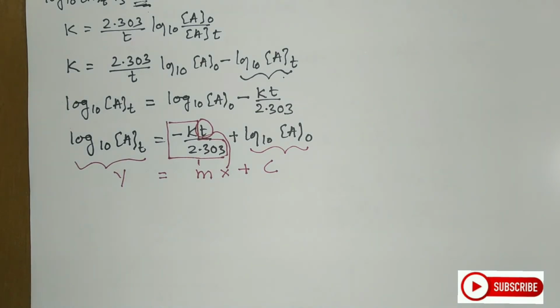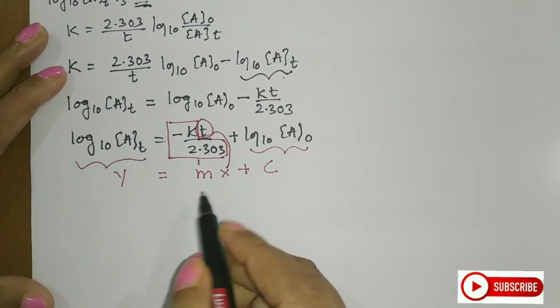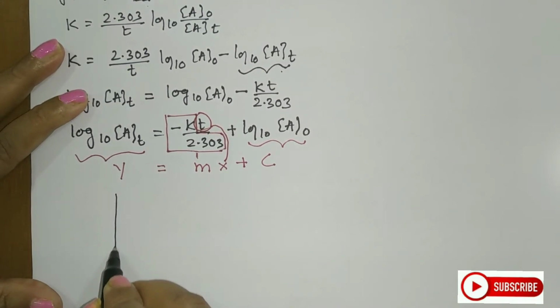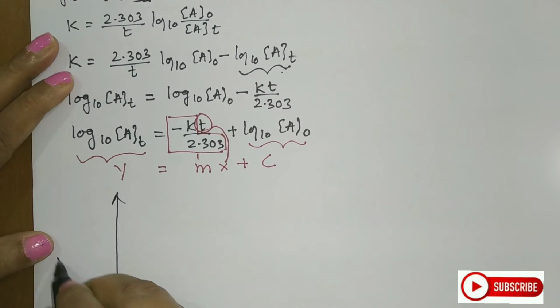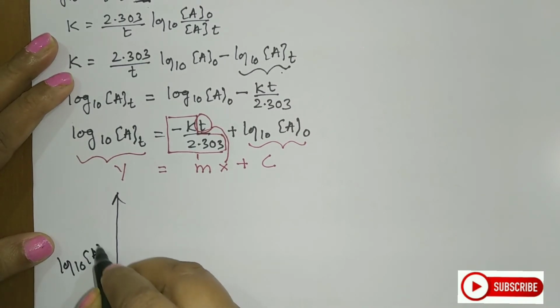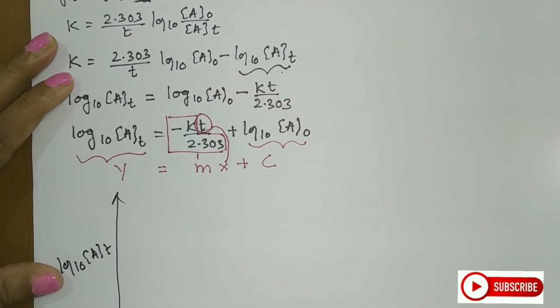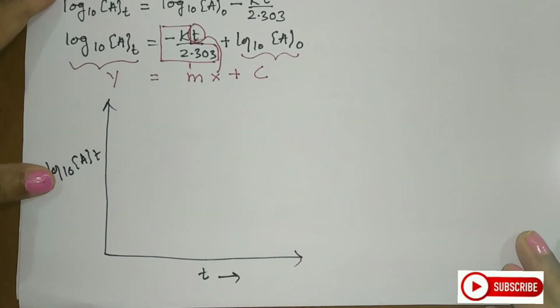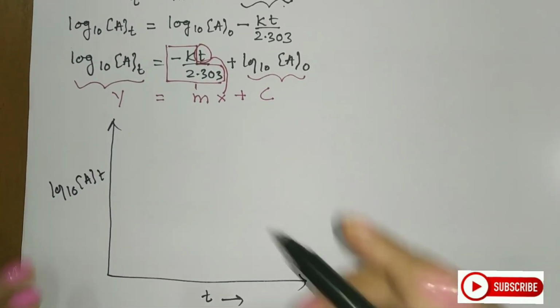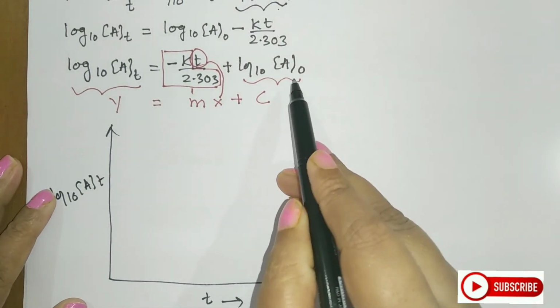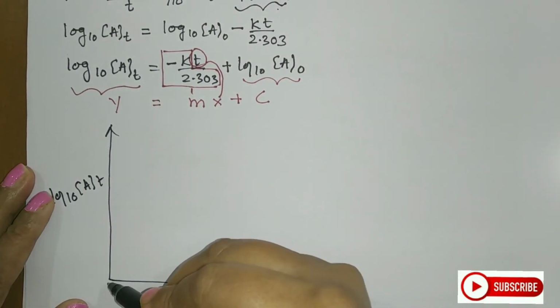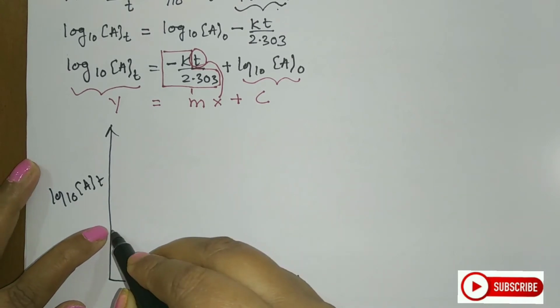So let us see what the graph will look like. The graph will be something like this. Here you will have log to the base 10 of at, and here I will plot time. Now let us see the graph. It has a negative slope with an intercept. So if there is an intercept, you will leave some space on this side, and then you will plot the graph.